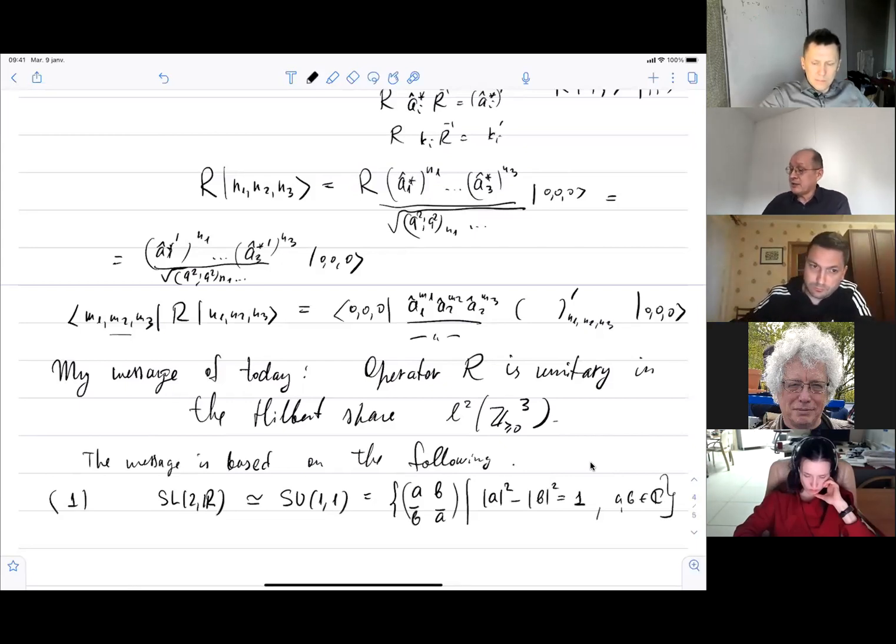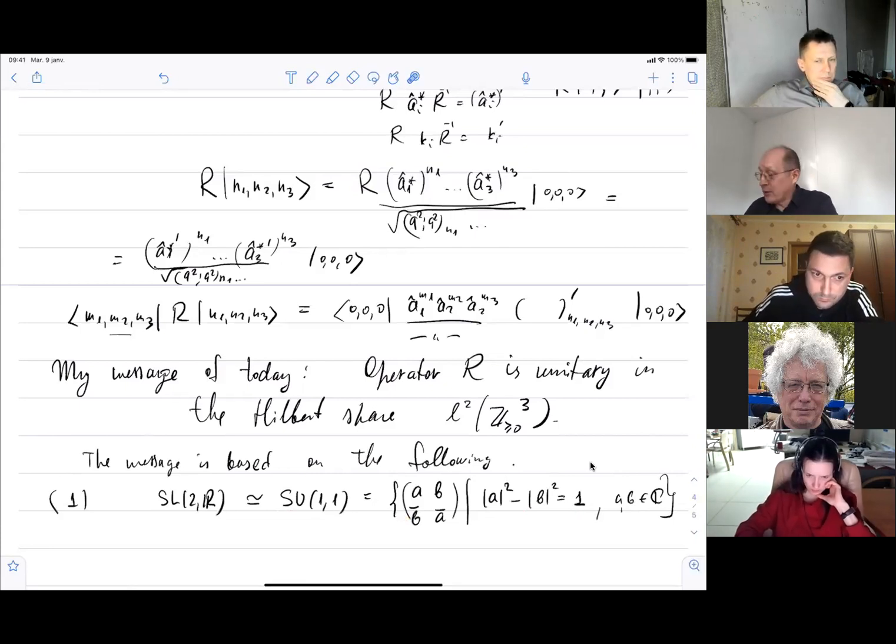So this is a subgroup of GL2C, actually SL2C, because this is just a condition that the determinant is 1, right? So this is why S, but it is not SU2. It is not unitary, but you see, with unitary we would put minus here, but there is no minus, so it is kind of a hyperbolic version of the unitary, and the relation between the two is very simple.